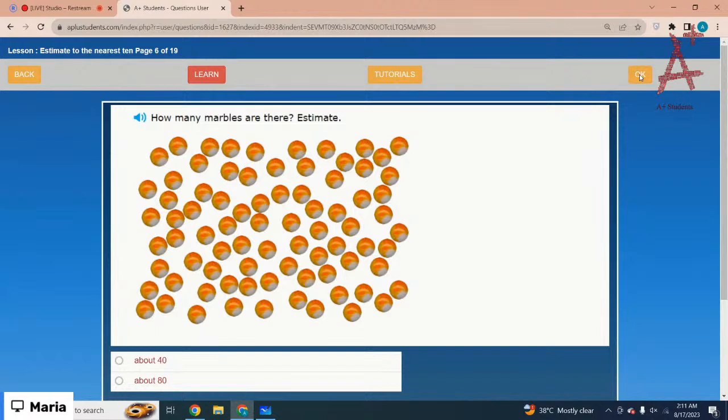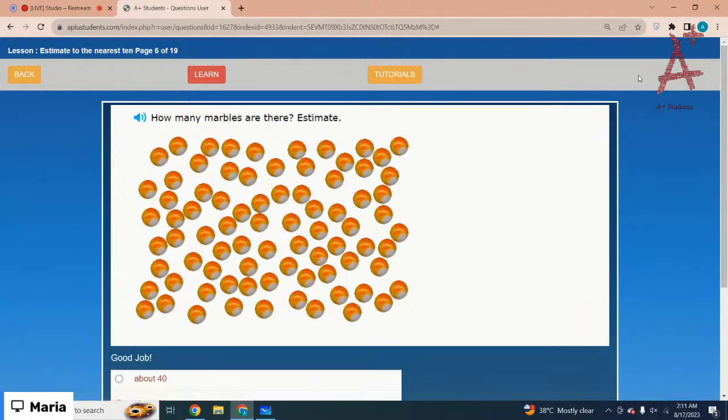There are more groups than 40, right? So they are about 80. You can count, but 80 is not a round figure. 80 is not an exact figure. They are around about 80, either 1 or 2 less than 80 or 1 or 2 more than 80.